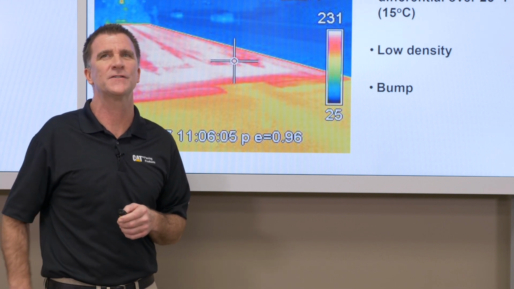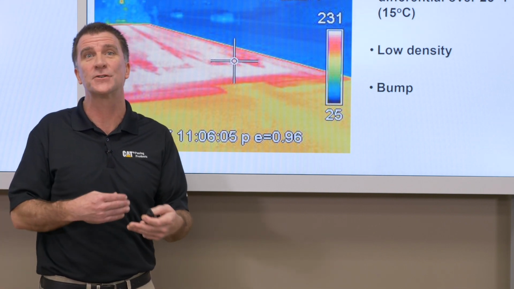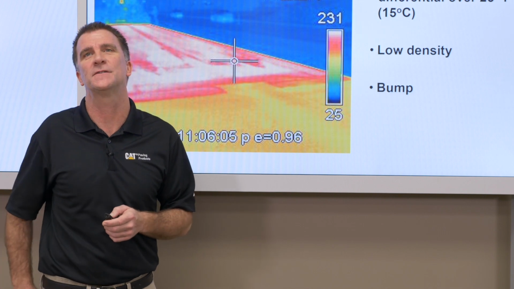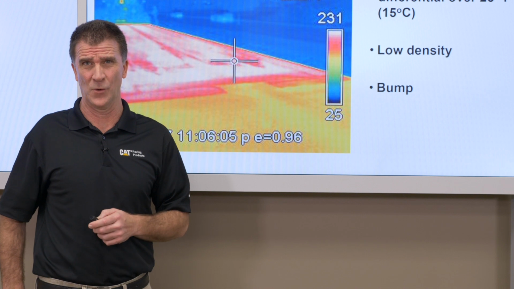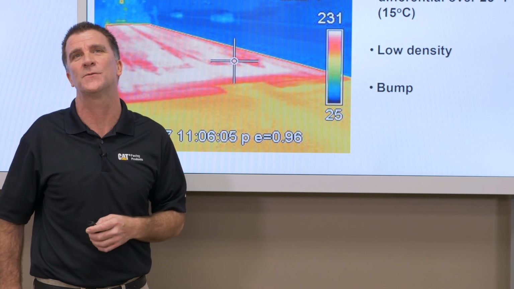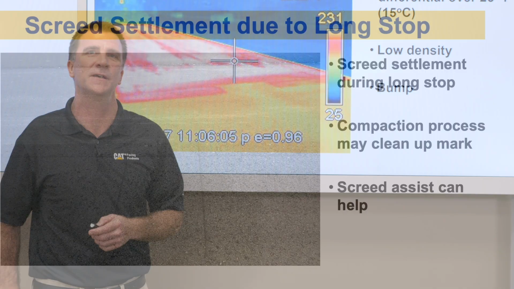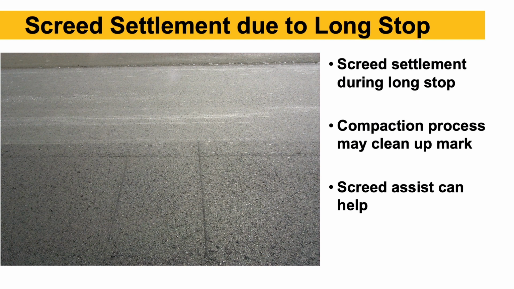Real goal here is to try and keep any temperature differentials less than 25 degrees. When we're less than 25, good chance we'll be okay on density and smoothness. This picture, a little difficult to see, but there's a mark from the screed settling due to a long paver stop.